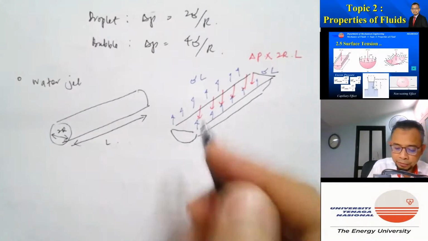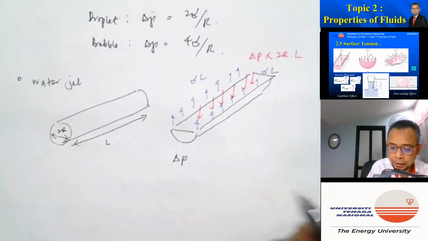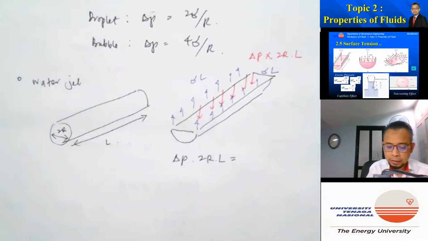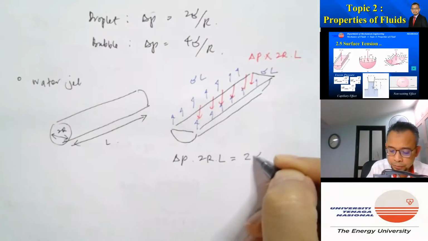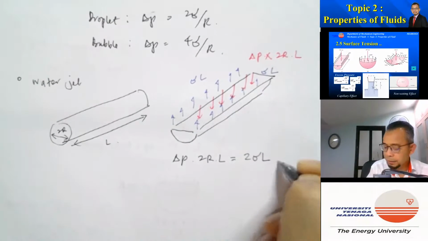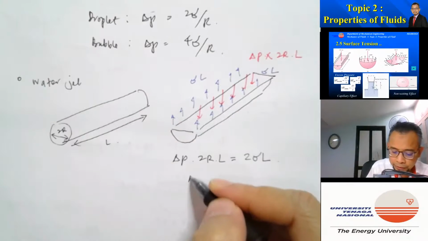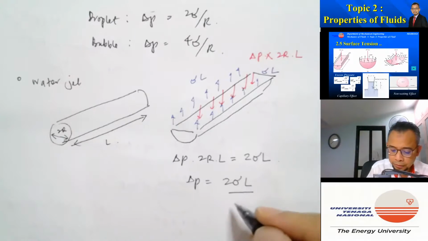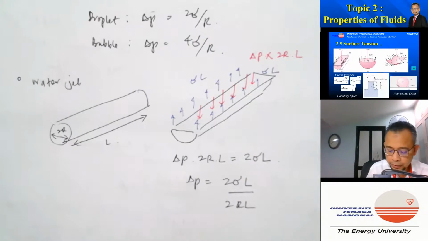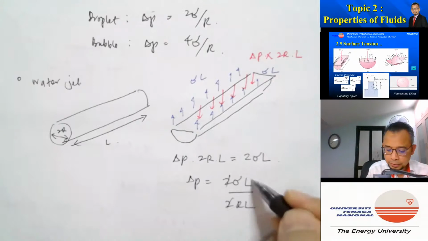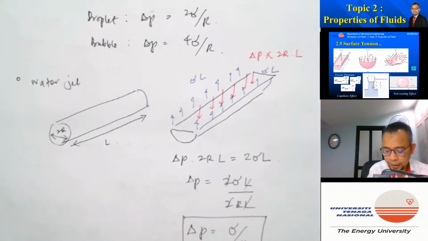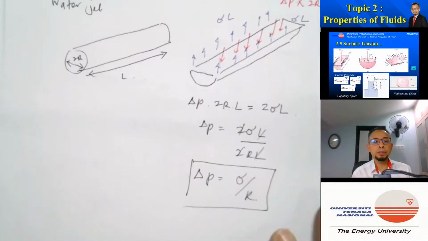So basically we have delta P multiplied by 2rL, and that must be equal to 2 sigma L. So delta P is equal to sigma L over 2rL. So delta P is equal to sigma over r. So that's the excess pressure for a jet.